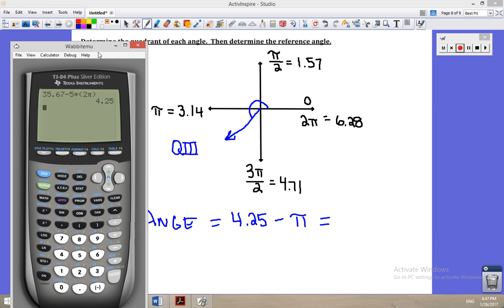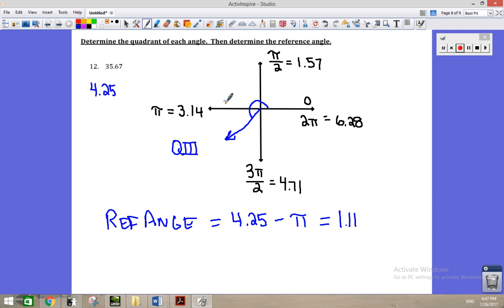So if I have 4.25 and I subtract pi, I get 1.11. That's in radian measure. And what does that represent? It's the angle that this terminal side makes with the x-axis. Some people like to put radians after that, and that's fine, but you cannot put a degree symbol, because it's not in degrees. When people see just a number without a degree symbol, they assume it's in radians.